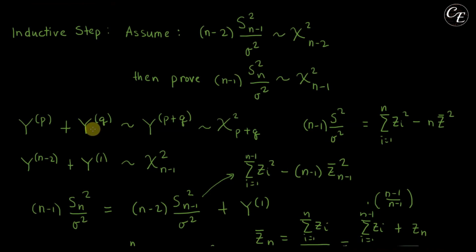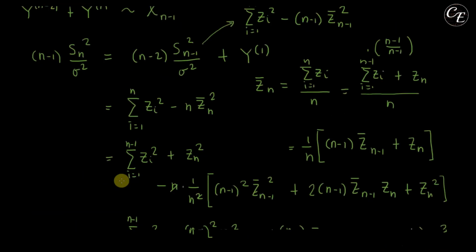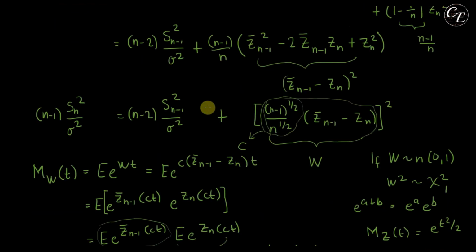So we need to prove that this random variable in here and this random variable in here are independent of each other. So what we need to do is to prove that this expression in here and this whole expression in here are independent of each other.